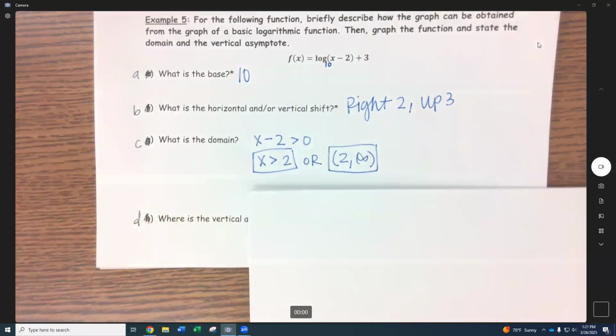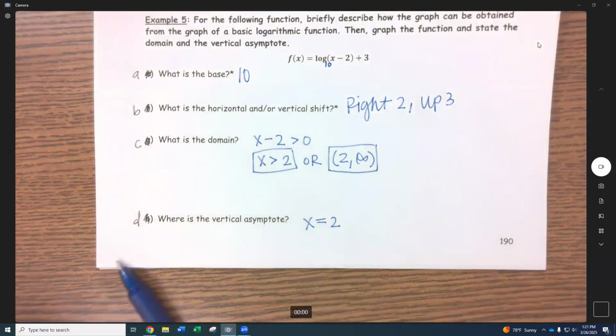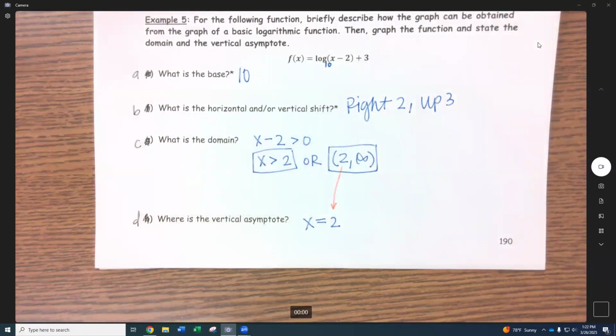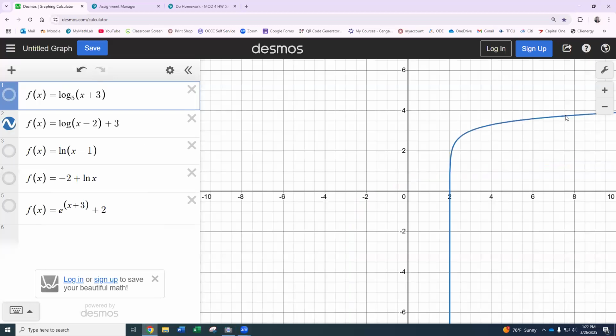And then where's the vertical asymptote? The vertical asymptote is right there at x equals 2. Whatever this starts at is where that vertical asymptote is. And if we pull up Desmos one more time, here is my log. And you can see here, it stops right there at that undefined at 2. So that's where your vertical asymptote is.